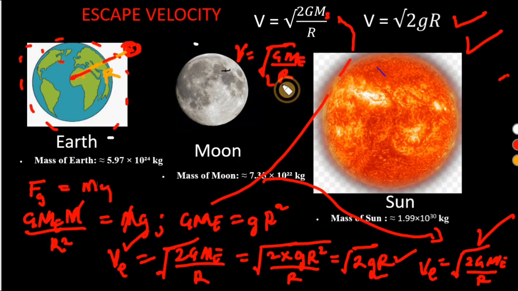We got this formula assuming that the centripetal force is provided by the gravitational attraction, the force of gravity Fg. So this is the orbital velocity, and this is the escape velocity. Let's solve some problems to illustrate the use of these formulas.